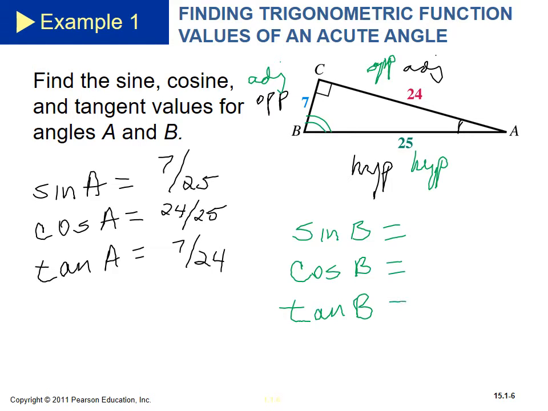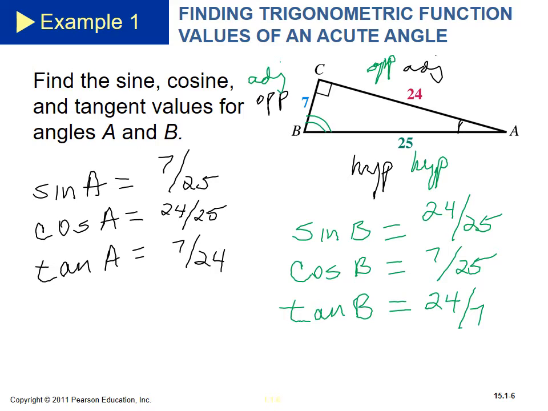So you're going to notice some interesting things here. So the sine of B is the opposite over the hypotenuse, which is 24/25. The cosine of B is the adjacent, 7 over 25, and the tangent of B is 24 over 7. Now you'll maybe notice some things here.